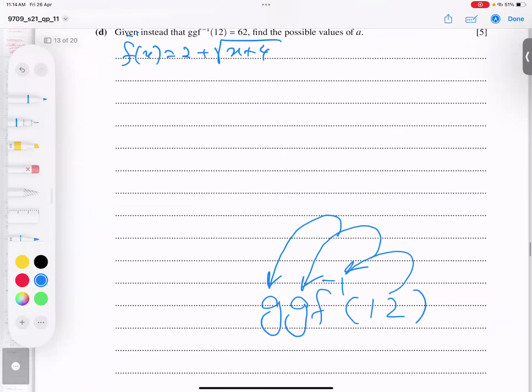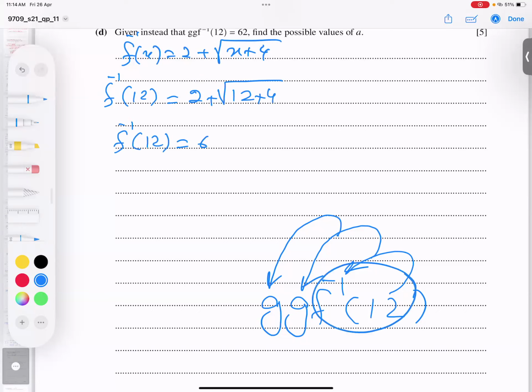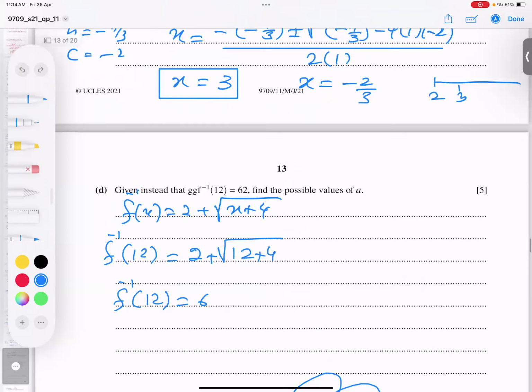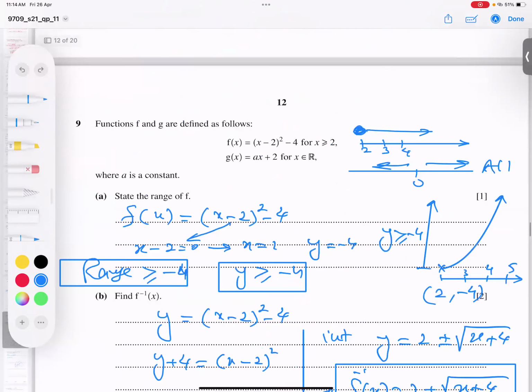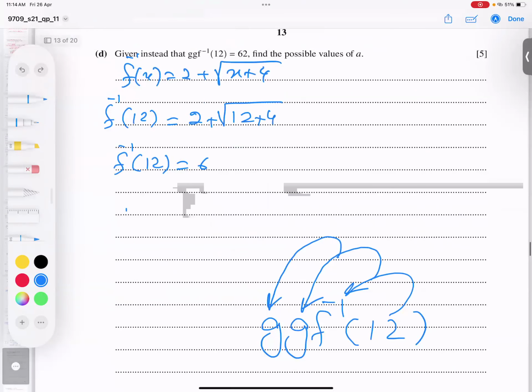Done. Now I plug in 12 in both values. F inverse of 12: 12 plus 4 is 16. Root 16 is 4, plus 2, is 6. Now I'm putting the whole thing in G. So I will copy the function: AX plus 2. First of all, my habit, I copy.